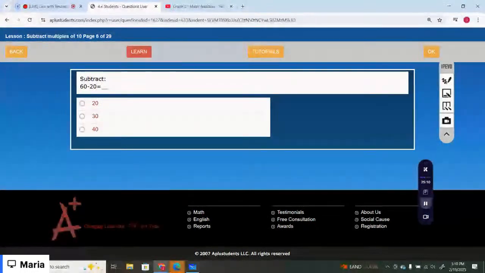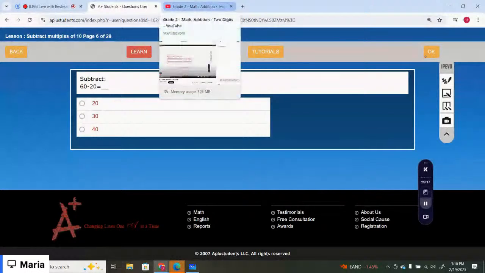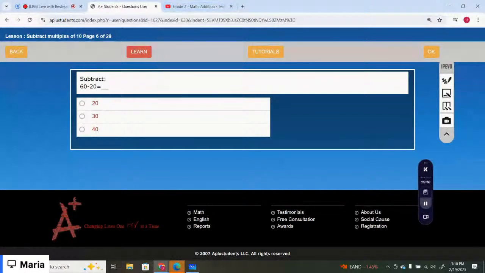60 take away 20, which is the correct option? That is 40.